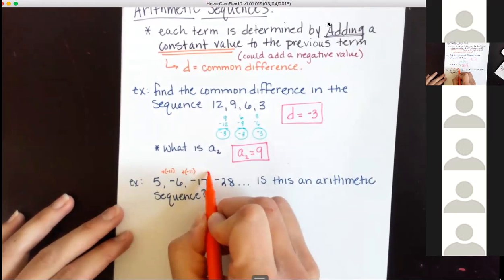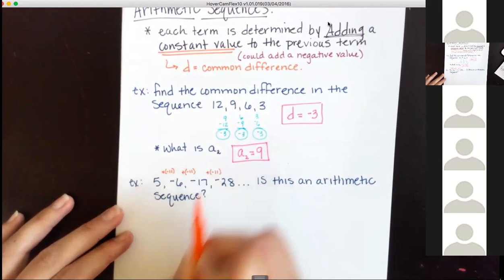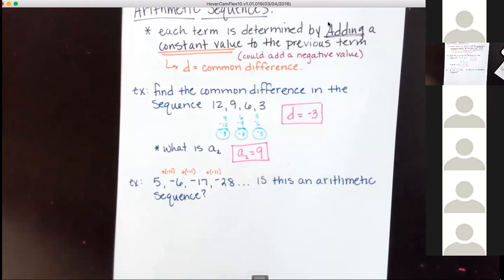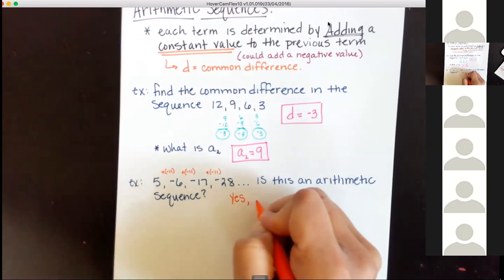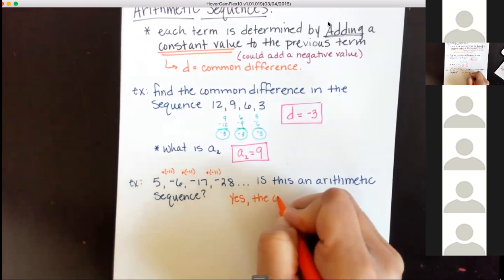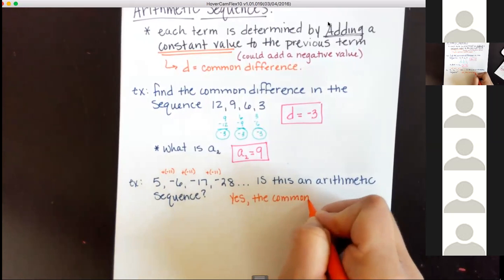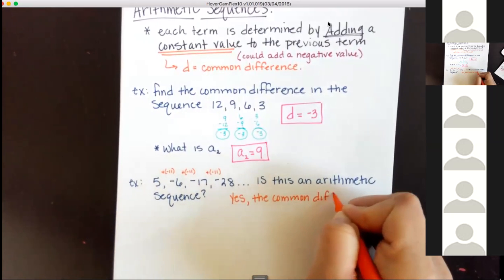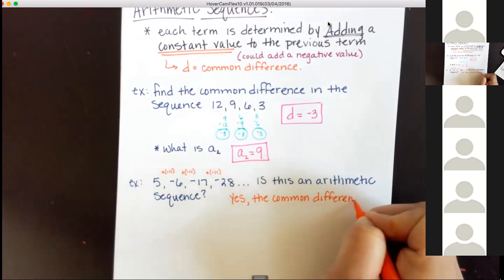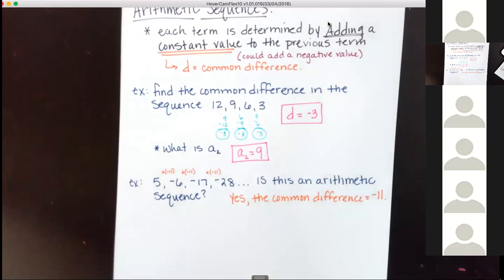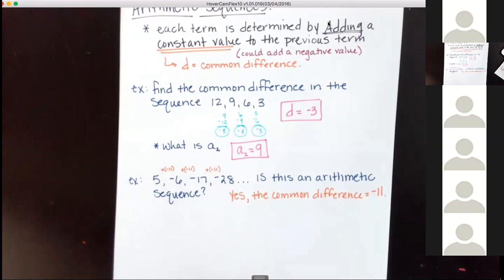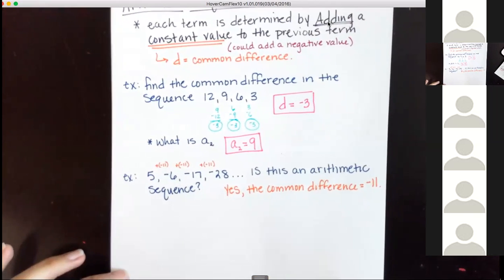And we can see, hopefully, that this is -11. So what we would actually do here is say yes, the common difference is -11. That way it's not just a yes or no answer. We have something to support why.